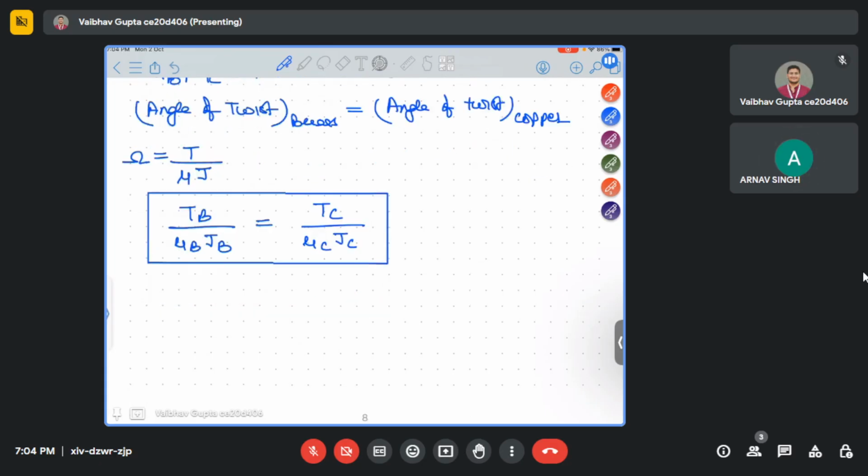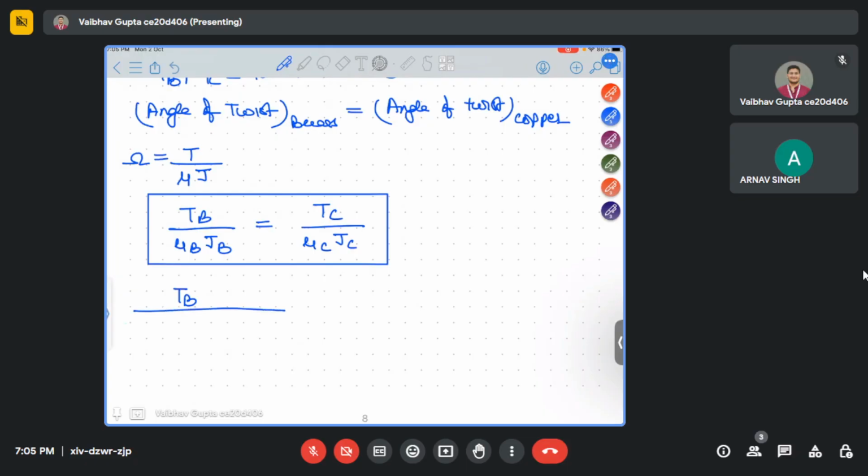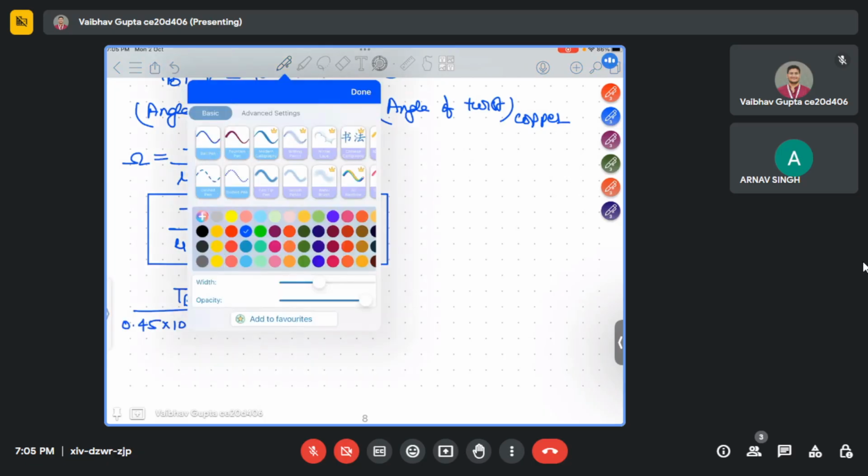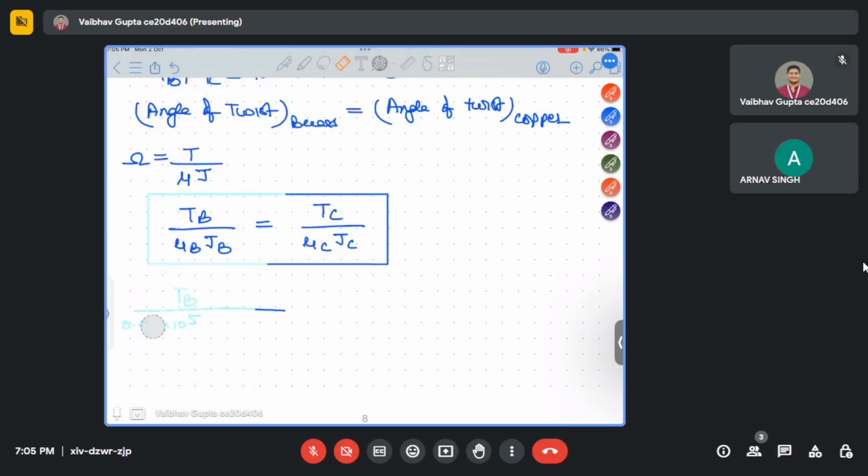So now we have unknown as TB and TC. We'll put other values. So TB will be equal to mu B is 0.45 into 10 to the power 5. Sorry, brass is 0.4, not 0.45. 0.40. JB for solid cross section is pi by 2 into r to the power 4. So radius of brass is 10 mm.